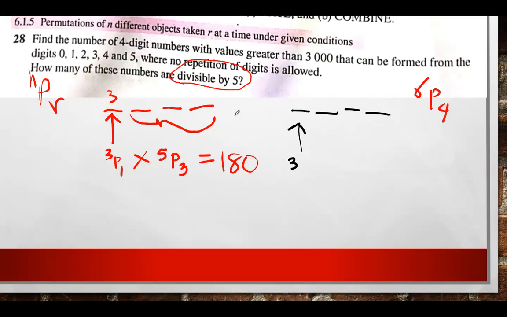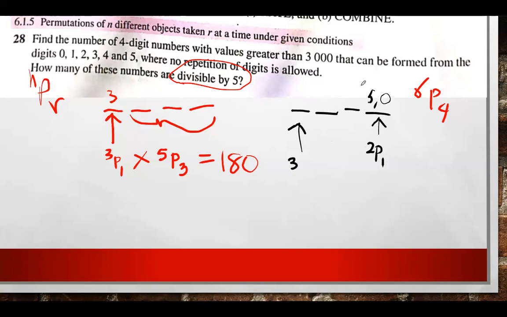But the problem is your back number must be divisible by 5. Let's settle the back first. Over behind here, it can be either 5 or 0, because these numbers are divisible by 5. The behind number is 5 or 0, so here we're talking about 2P1 now.